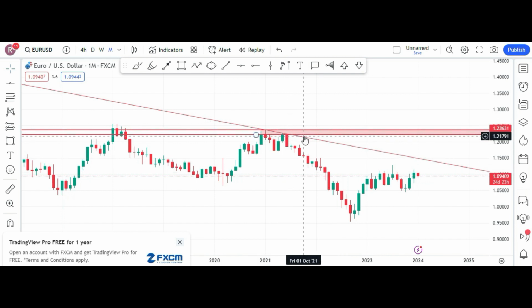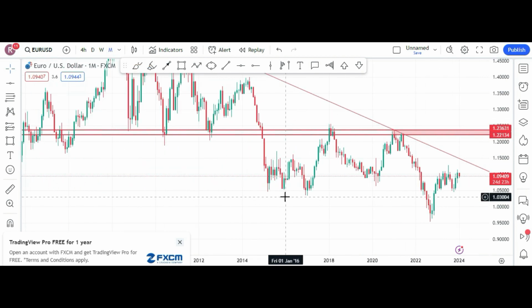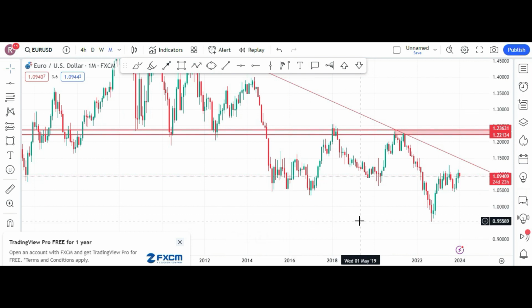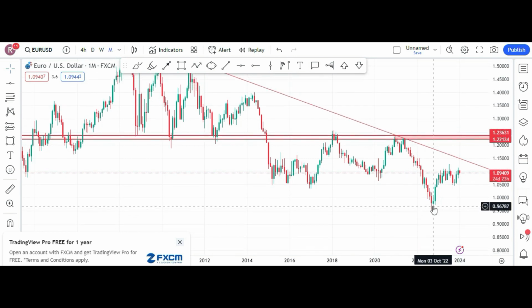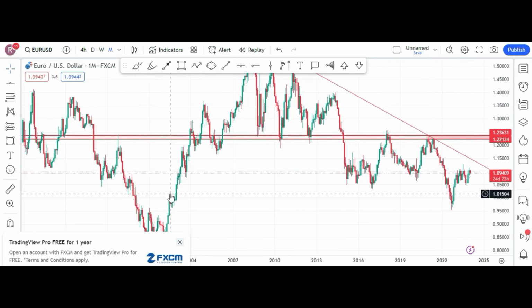So each time I draw the trend line before I mark this, so you guys can see each time a double top happens in a higher time frame like monthly, it touches the trend line. Okay guys, now if we see the bottom here, it has been created by this red candle here.